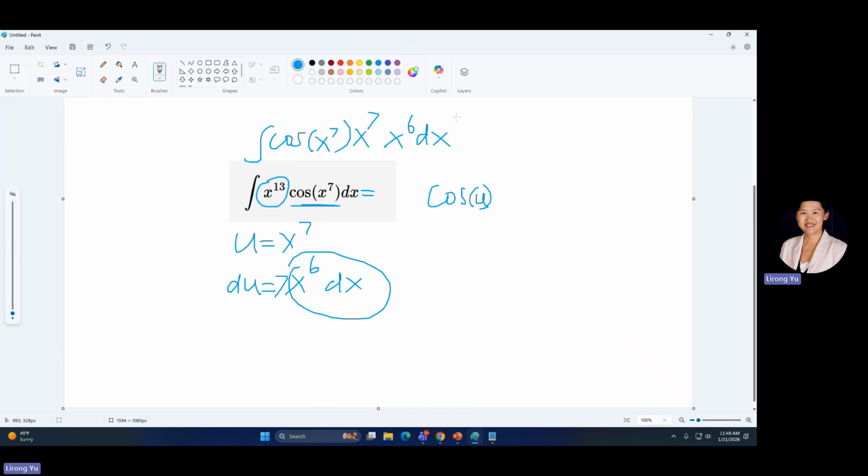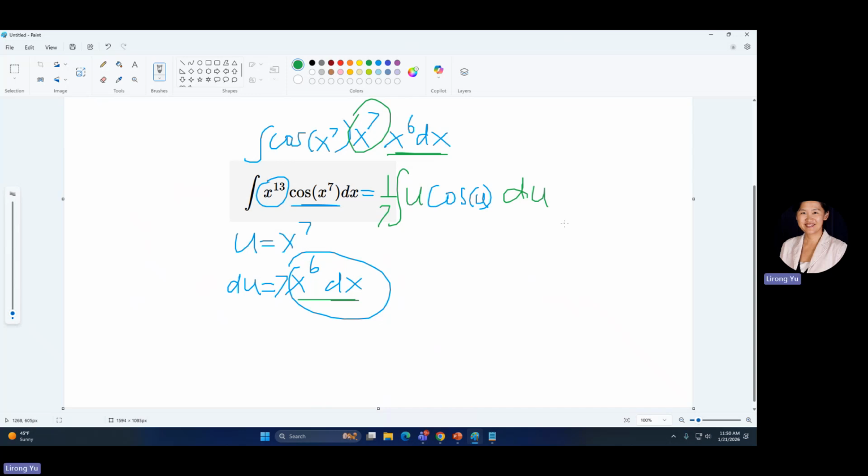So these two together are going to be 1/7, and here is du. Now that one will be the u, so the integral of u cosine u. So after substitution, the integral is this.